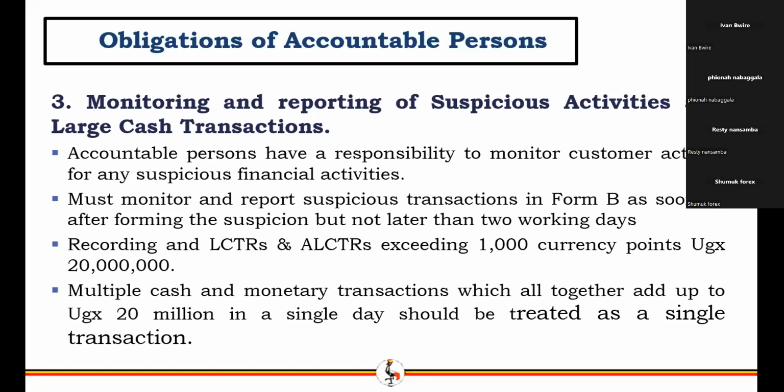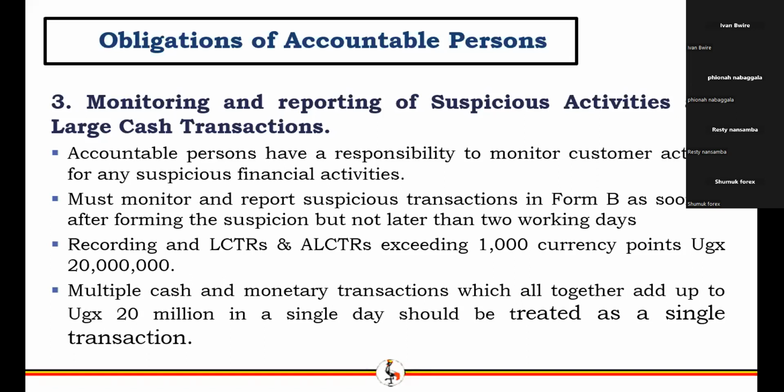So for suspicious transactions, we mean any transaction that is unusual or does not correspond to the profile of a client. I started with mentioning how crucial it is for you to profile your clients. This will help you to detect or form suspicion as to what is a suspicious transaction in regards to each client that you have.